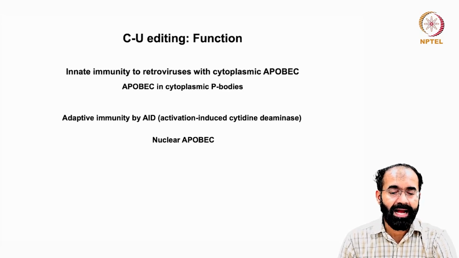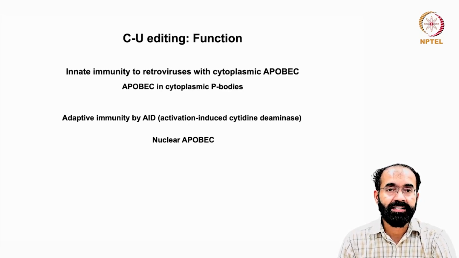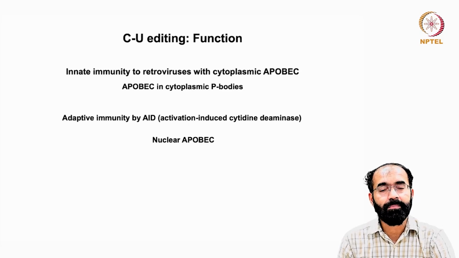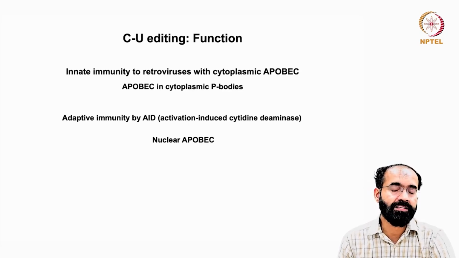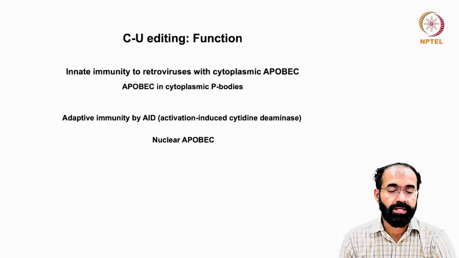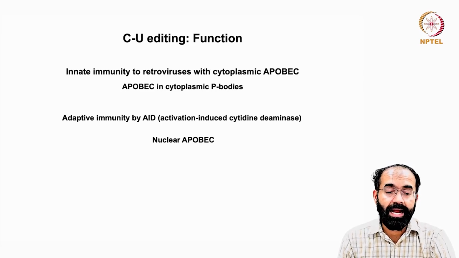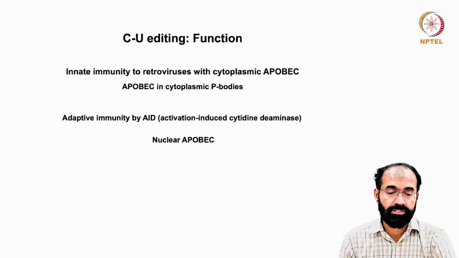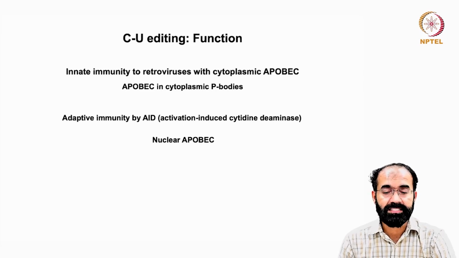What is AID? Activation induced cytidine deaminase. So cytidine deaminase function, because cytidine, if it is deaminated, will become uridine. This function is adaptive immunity related. So adaptive immunity by AID is something very important for us to go further. And of course there is a nuclear APOBEC also. We are dealing with cytoplasmic APOBEC. Let us see what the relevance is.